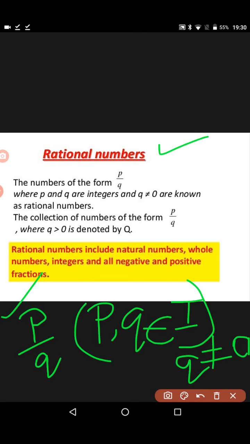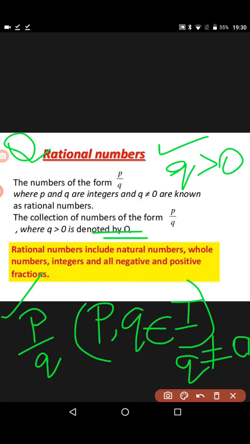Next, the collection of numbers of the form P by Q where Q is greater than 0. This is one more main thing. Rational numbers are denoted by alphabet Q, right? So this is about rational numbers. One more important point has been given here.